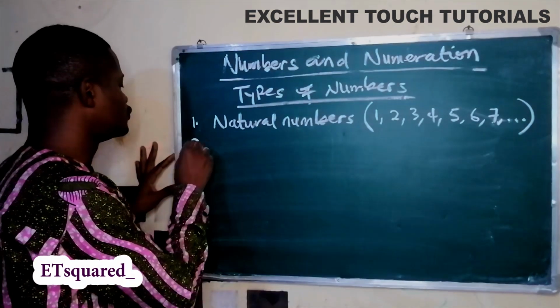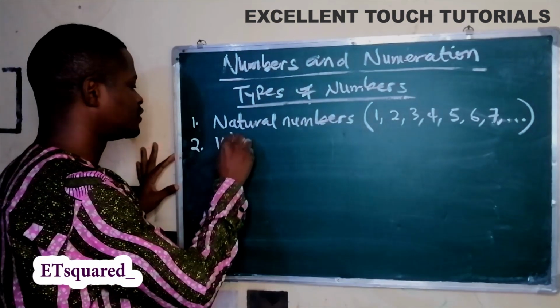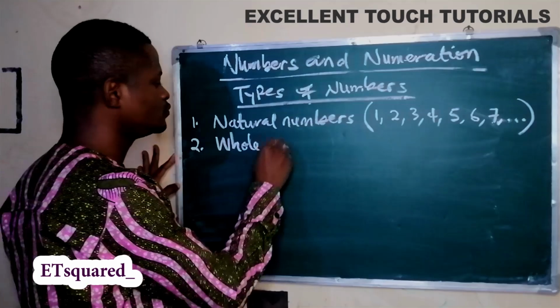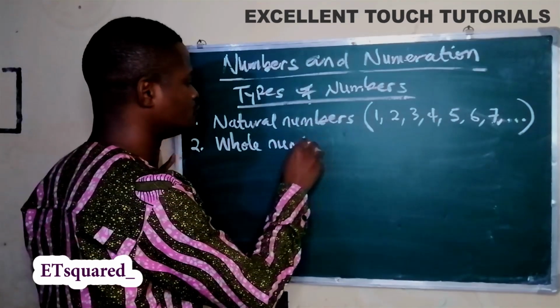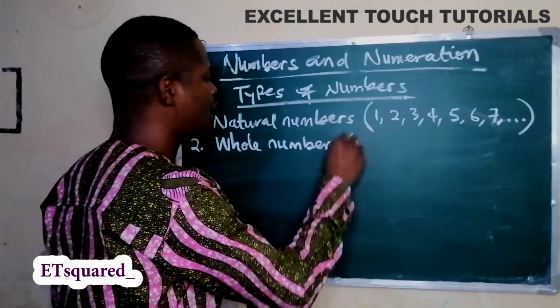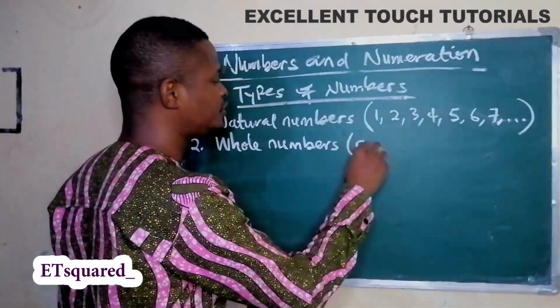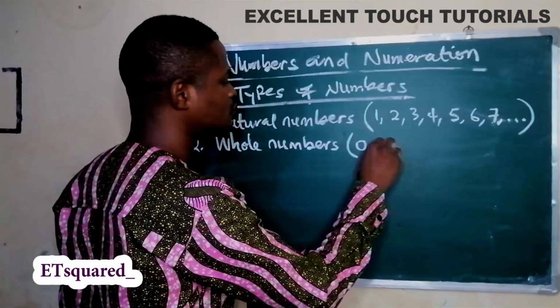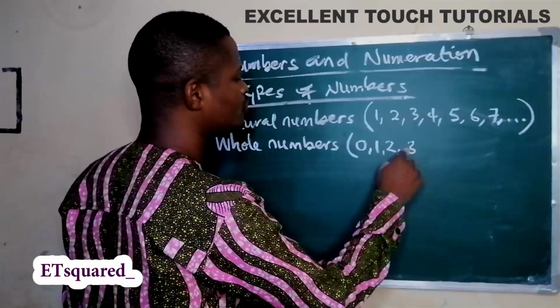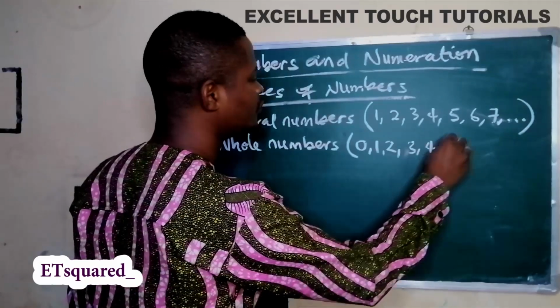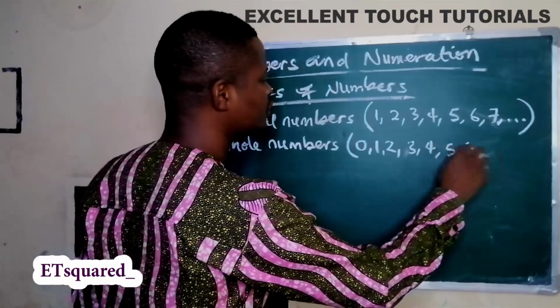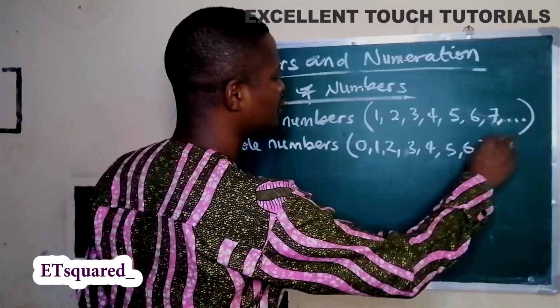And then number two, we have whole numbers. Whole numbers are all the natural numbers including 0. So what makes whole numbers different from natural numbers is just that whole numbers have 0.